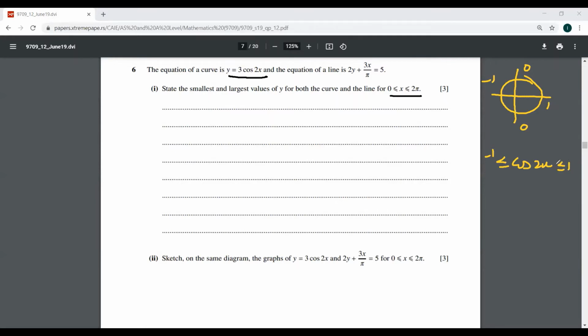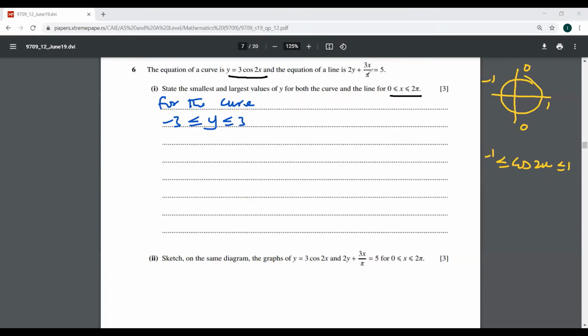What can be the smallest and the largest values of the curve? That is going to be plus or minus 3. For the curve, your y is between -3 and 3. You can write the maximum is 3 and the minimum is -3.